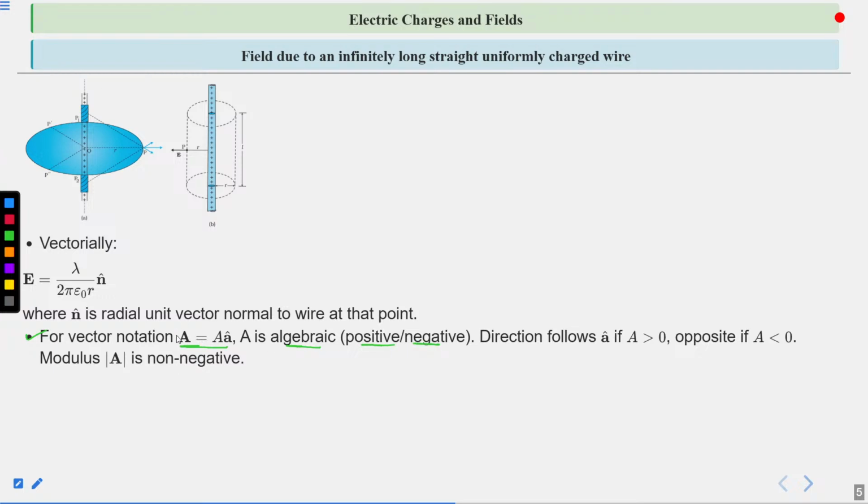Another method to write this: vector A is equal to mod of vector A times unit vector A cap. Clear? The direction follows A cap if A is greater than 0, and the opposite direction if A is less than 0.